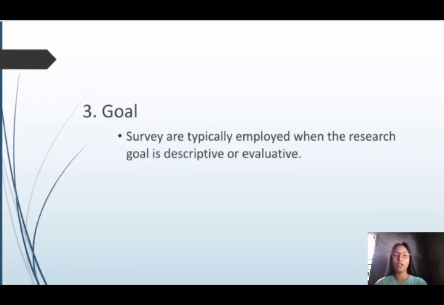Third is the goal. Surveys are typically employed when the research goal is descriptive or evaluative. Descriptive research uncovers what is going on or what exists, for example, a population census or product marketing survey, while evaluative research assesses whether an intervention has achieved its objectives and what combination of factors or variables is most effective in achieving desired outcomes.